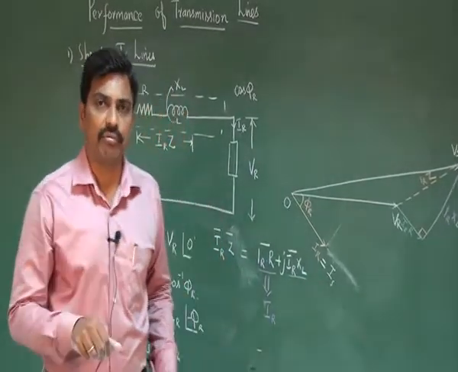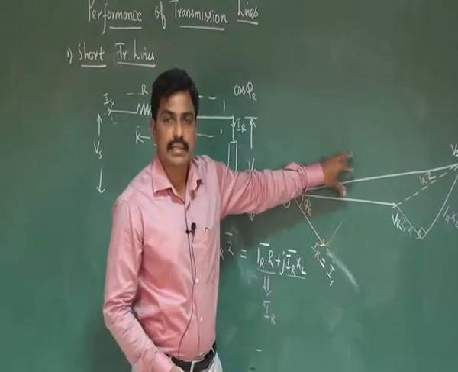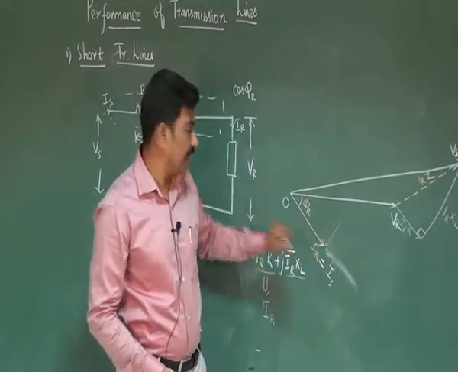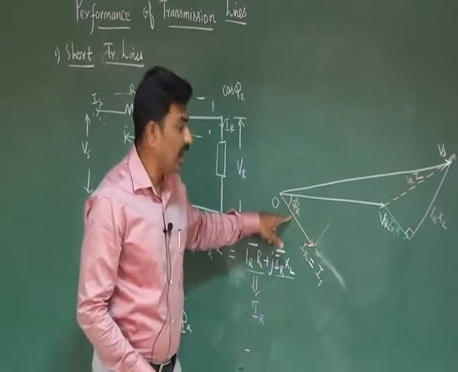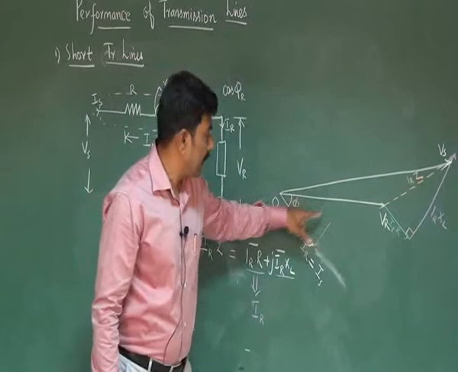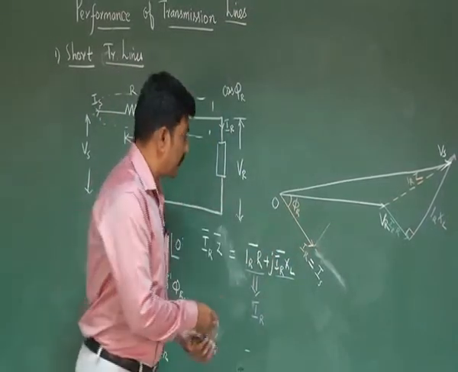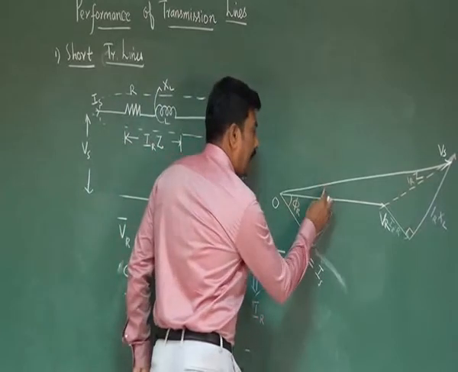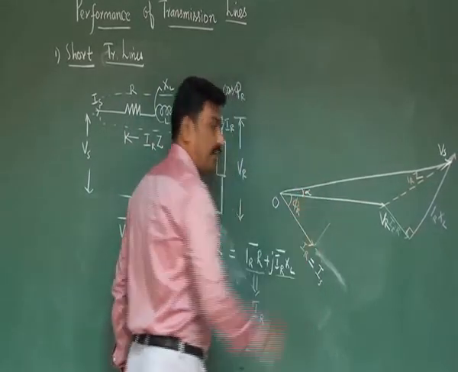How do you find it? We have the sending end voltage vector and the sending end current vector. We have the angle phi r between the receiving end current and IR, that is phi r. Now the angle between Vs and IR can be called alpha.